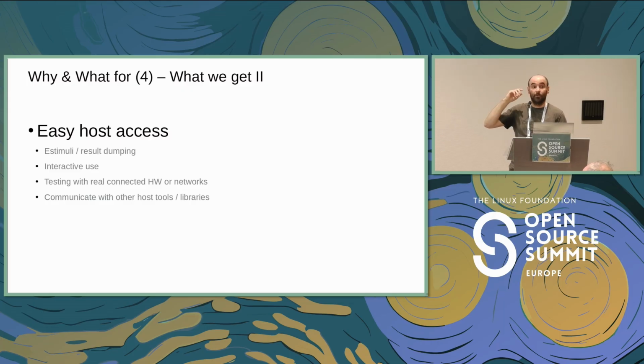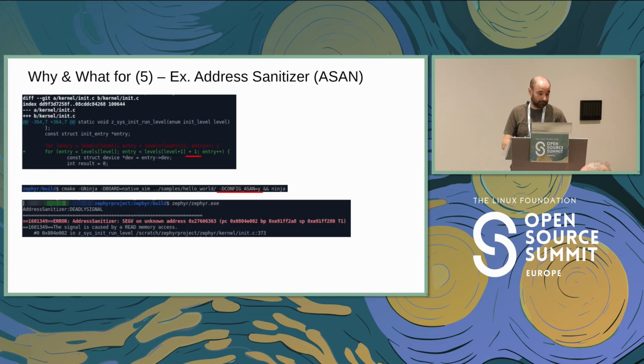We would like to use our embedded shell interactively from our computer. We would like to test connecting to real hardware and to real networks from our computer. And we would like to communicate with any tool or library that we may have in our host.